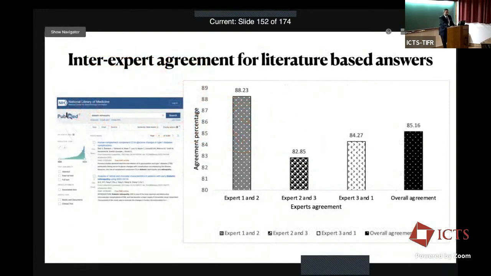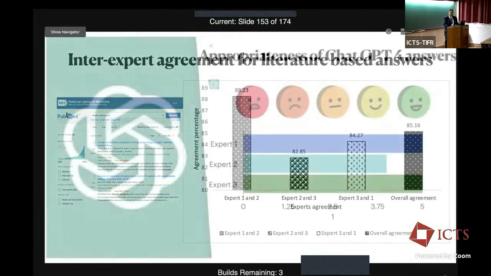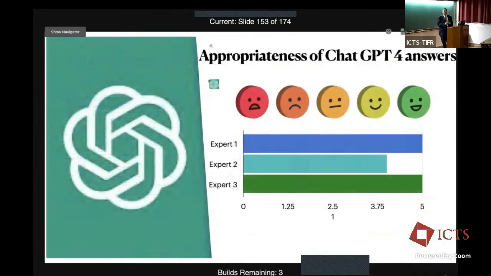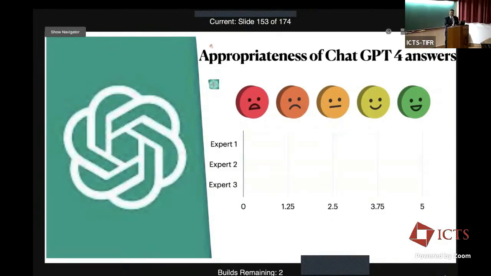The inter-expert agreement of the literature-based answers is still a little variable. We looked into 2 things: appropriateness and correctness of the ChatGPT response. As far as appropriateness on a scale of 0 to 5, these are the various results for all the 20 answers. Overall agreement seems to be pretty good.